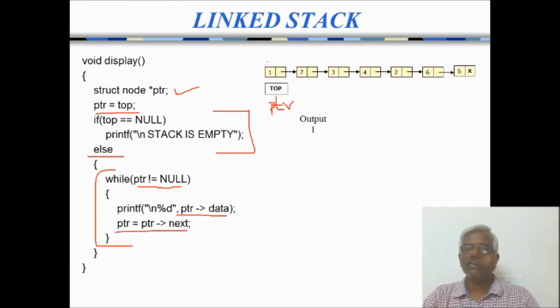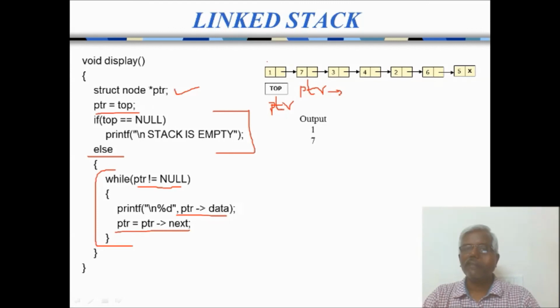Now pointer is equal to pointer of next, which means the pointer is going to point to this second element. Once again I check the while loop condition. The pointer is not equal to null. What is going to happen? Pointer of data is 7, so 7 will be displayed. Now the pointer is equal to pointer of next, so the pointer will be moved here.